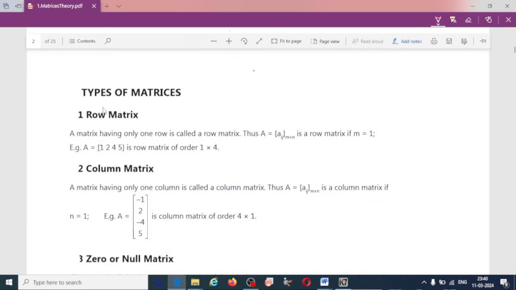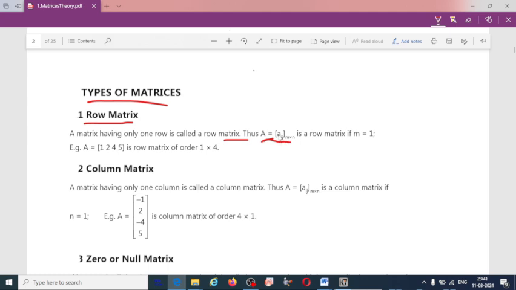So what are the types of matrices? The first one is the row matrix. A matrix having only one row is called a row matrix. Generally we can represent a matrix as capital A is equal to square bracket of Aij, m cross n.